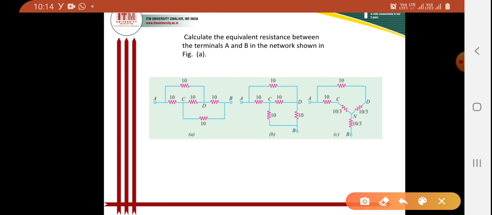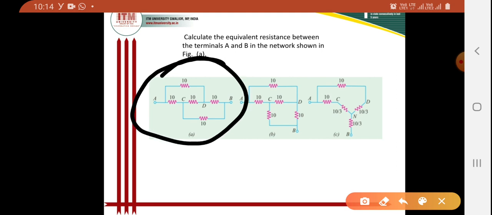Here also calculate the equivalent resistance between terminals A and B as per the network seen here. This is our figure A. We have to consider our figure A, and by considering it, find the equivalent resistance between terminals A and B.